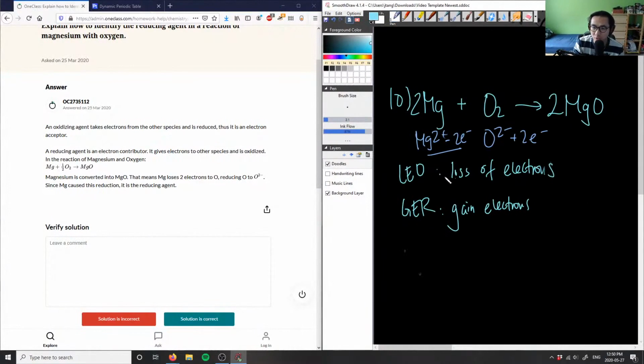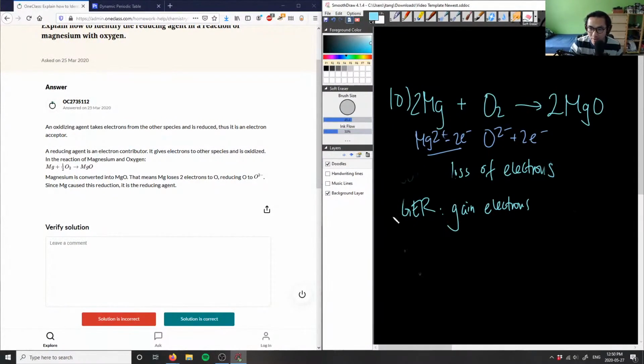So it says loss of electrons here. LEO says GER. So again, a reducing agent reduces another substance and loses electrons here. So if I'm losing electrons, this will be my oxidation. So this is my reducing agent. And this oxygen is gaining electrons. So therefore, my oxidation state is going to decrease. So this is going to be a reduction here.